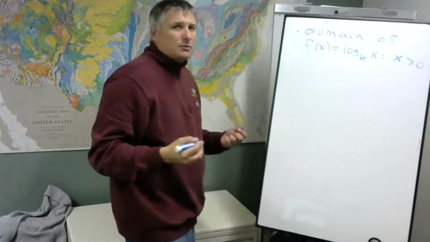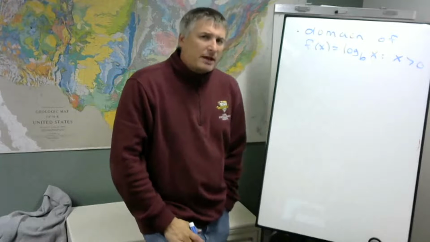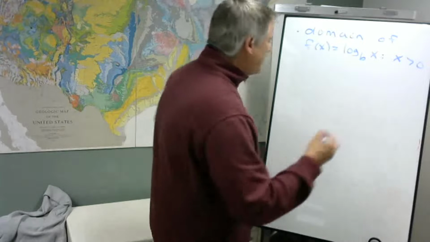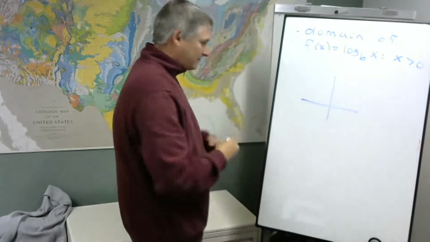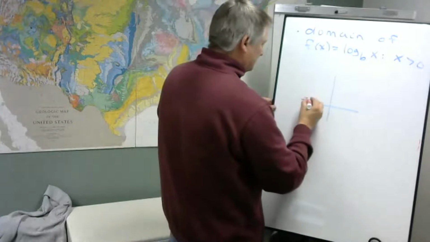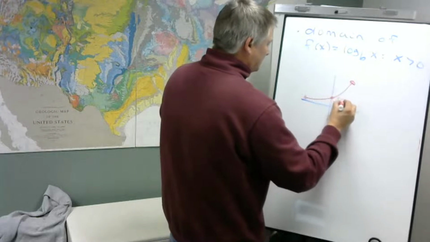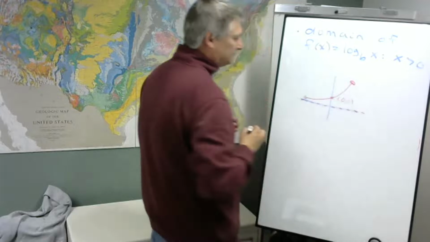And that kind of makes sense when you think about the exponential function. Remember, for the exponential function, y equals b to the x, when we graph that, we got something like this. Always pass through 0, 1, and we have our horizontal asymptote.